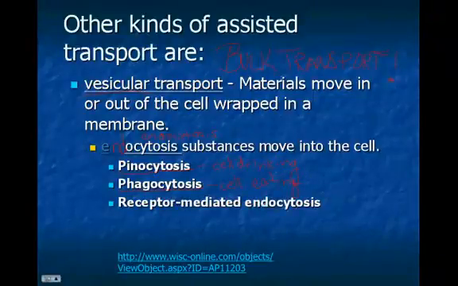And then we have something called receptor-mediated endocytosis. What that means is that if we have a cell here and we're going to take in a certain substance, oftentimes the cell will have little receptors on the surface, and these receptors will only bind to a certain type of molecule.